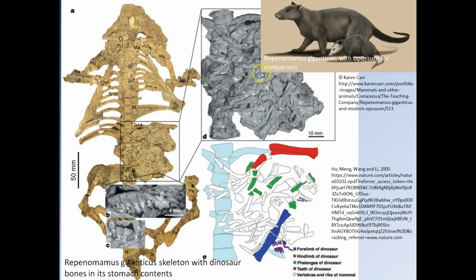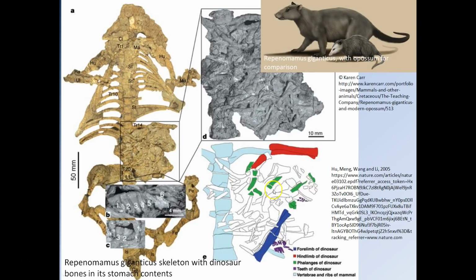So here we go. Here's the skeleton itself. Just for scale, this gives you some idea of Repenomamus giganticus compared to a modern day possum. So you can see it was quite large, about 1 meter or so in length. And this is actually the skeleton here. So you've got the forelimbs here, spinal column, rib cage, pelvis, and you can see this is the stomach contents here.